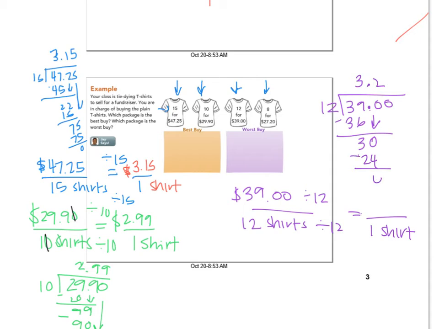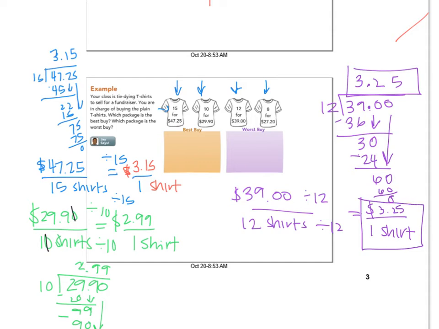Subtract, we get 6. Bring that down. How many times does 12 go into 60? That's going to be 5. So 5 times 12 is 60. It's a 0. So we know that it's $3.25 per shirt. $3.25 per one shirt. So that's one answer.